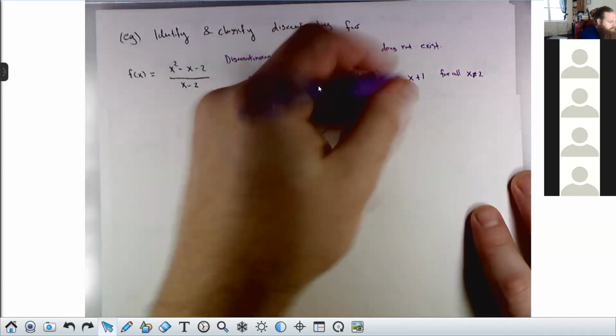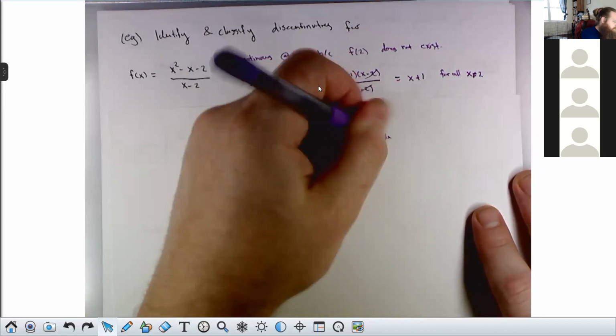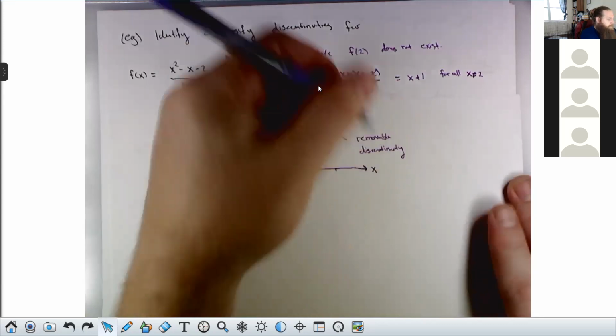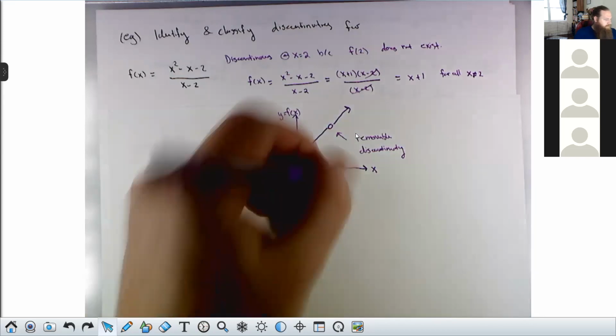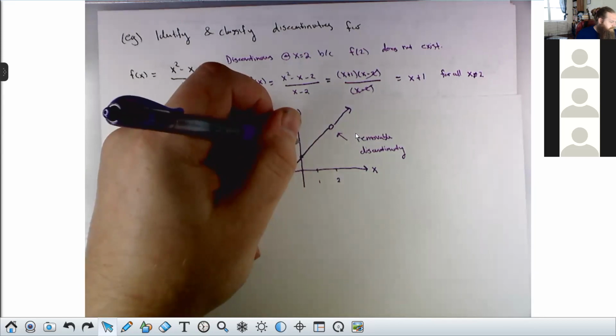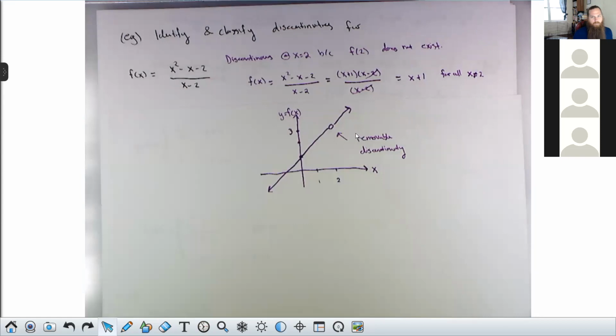And we would classify this as a removable discontinuity, because if I were to separately define f of 2 to be whatever the y value of this hole is, then I would fix the discontinuity. That would take care of our problems. But as is, there's a removable discontinuity there.